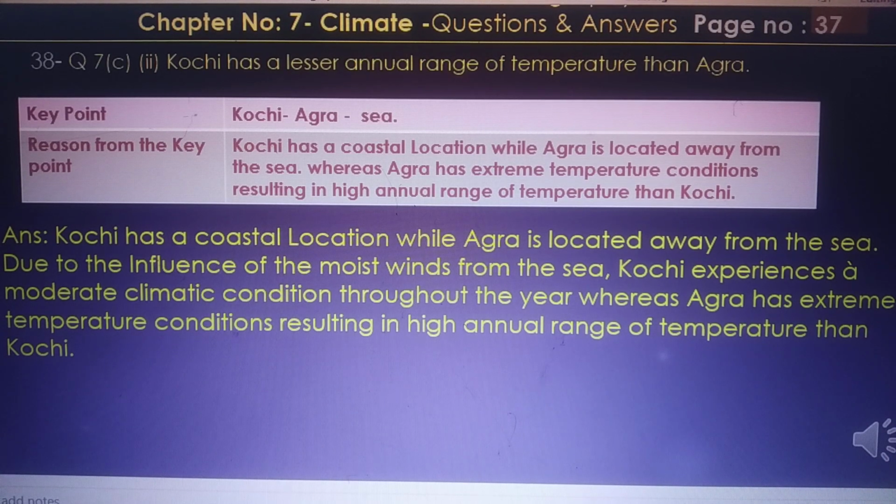Due to the influence of moist winds from the sea, Kochi experiences moderate climate conditions throughout the year, whereas Agra has extreme temperature conditions, resulting in a higher annual range of temperature than Kochi.